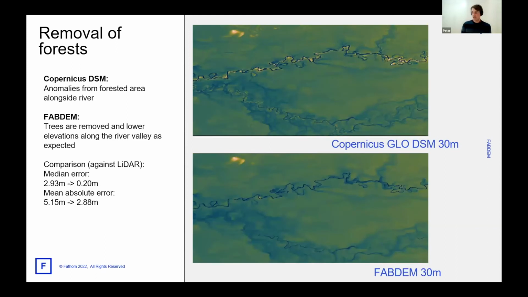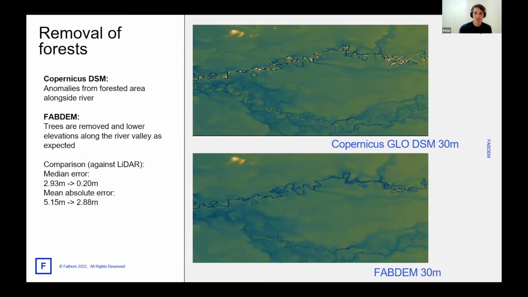So similarly, I'm plotting an area here of some river channels, and one thing you notice along the river channel, which is showing the elevation. So the blue areas are the lower elevations, and the yellow areas are the higher elevations.